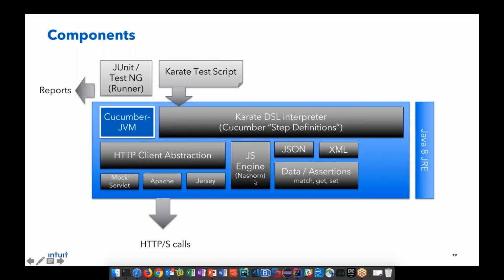This is a piece of technology that's baked into the Java JDK version 8 onwards. It is a fully featured JavaScript engine, and Karate just delegates all the JavaScript expression handling to that, and it works really well. As you can see, a lot of the JSON and JS support is based on this.